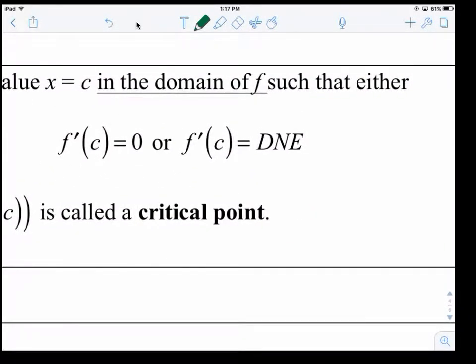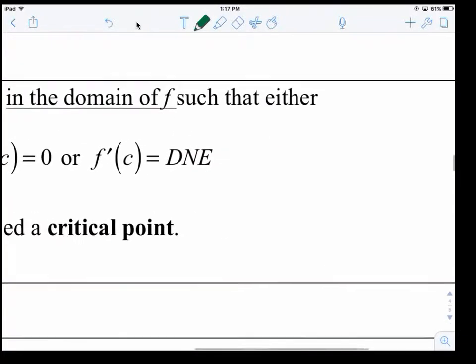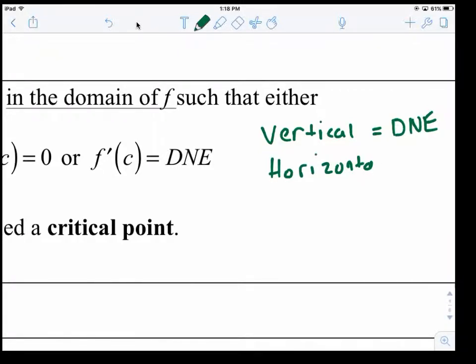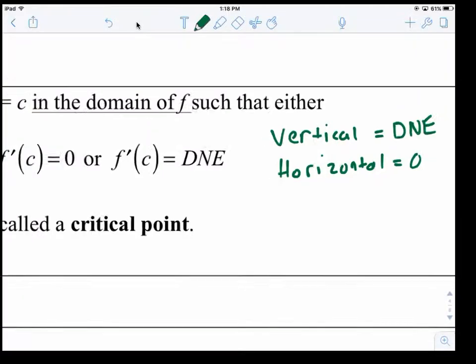So this would be vertical, and horizontal would be 0.